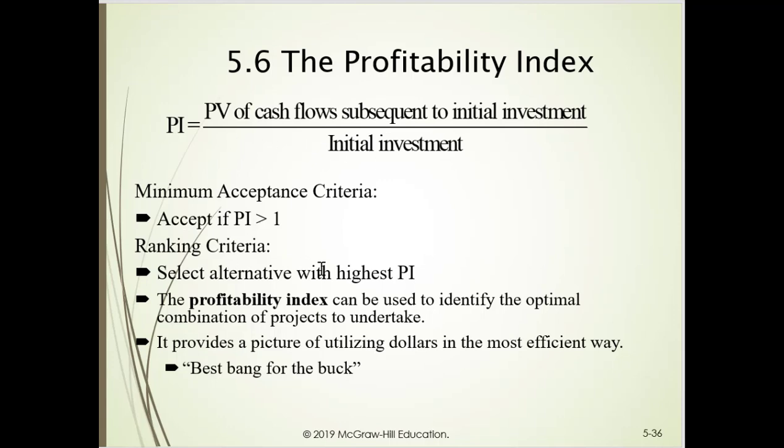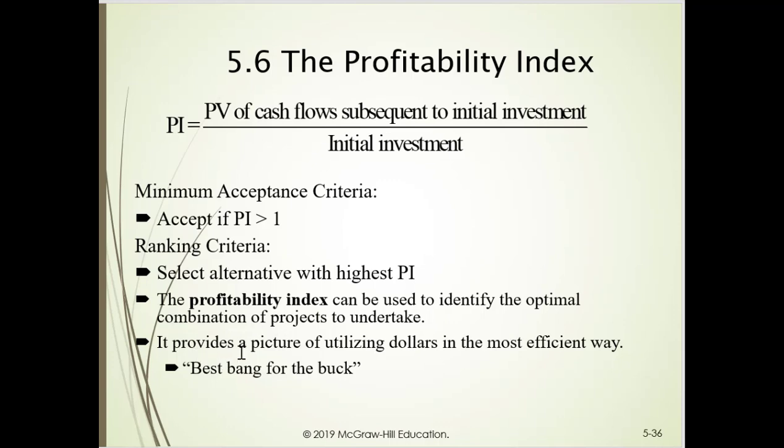So this profitability index, right? We can use this to help us identify, as I like to think of it, better stewards of our money. It helps identify optimal combinations of projects when we really want to think about how much money we're spending on the projects, relatively speaking.